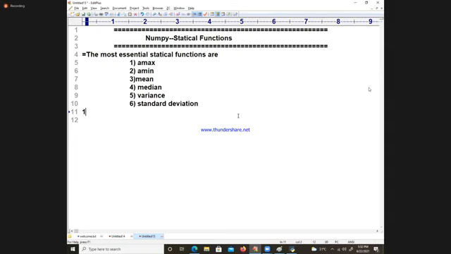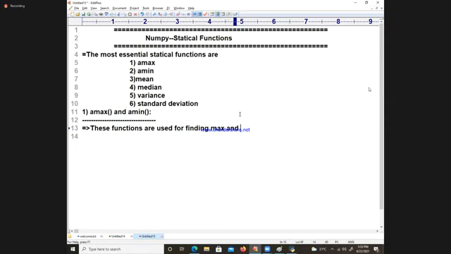So I will write one by one. A max and A min, I will write at one time only. These functions are used for finding max and min from a given array.